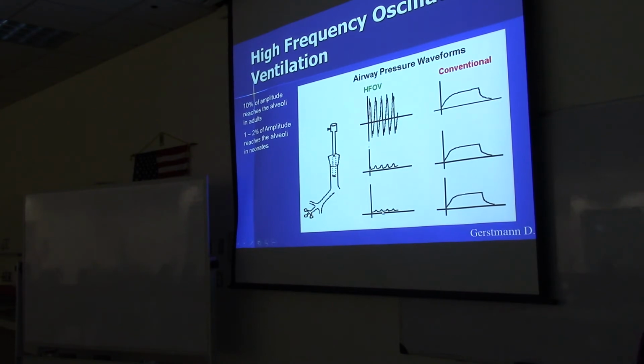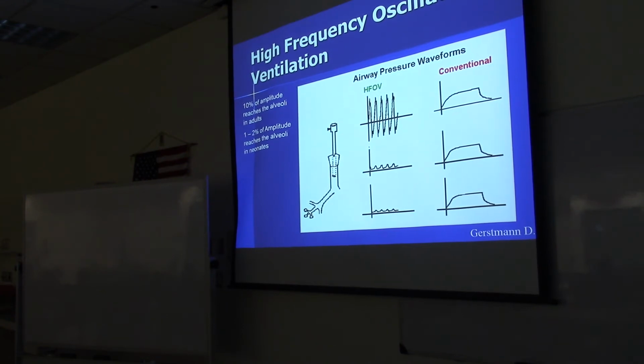By the time they reach the alveoli, the pressures are very small. 10% of the amplitude reaches the alveoli in adults. So if you see a pressure reading in adults of 100, at the alveolar level they're only experiencing 10% of that, or about 10 centimeters of water.